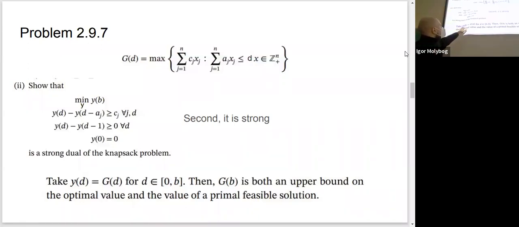We can take y of d equal to g of d, and by the first subproblem, we know that both of these inequalities hold for g of d, and therefore the tight bound holds. Therefore it is a strong dual. Any questions regarding showing strong duality for this question? Cool.